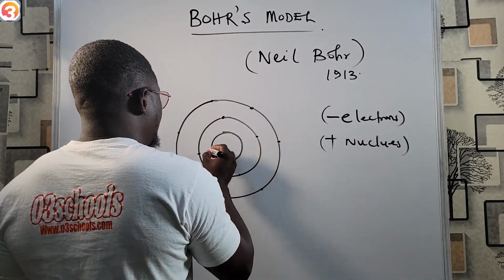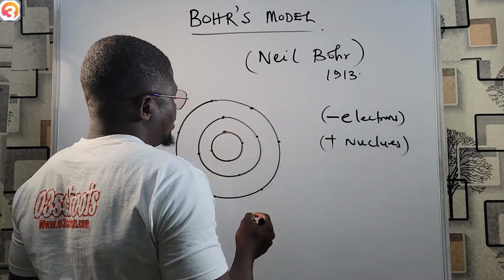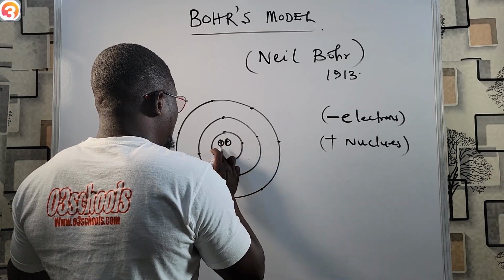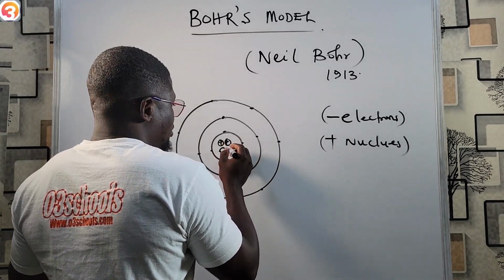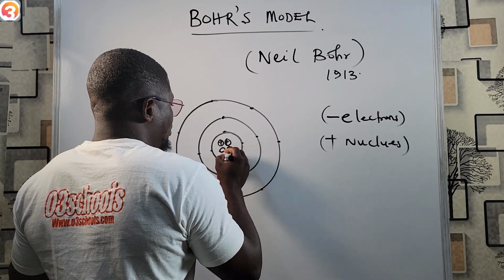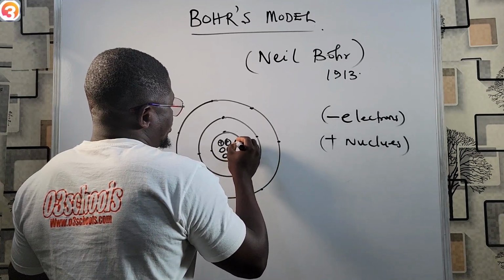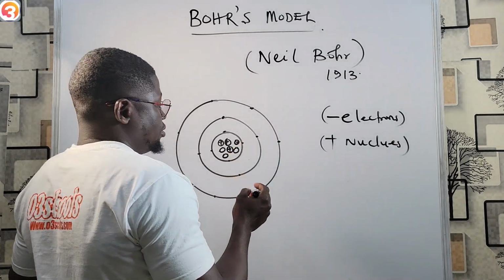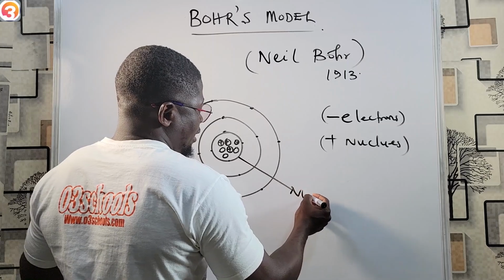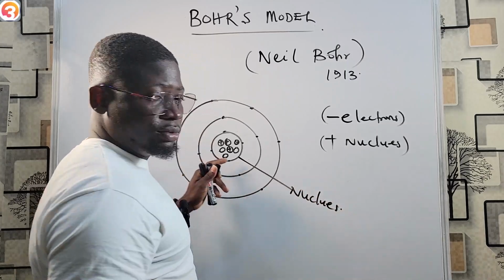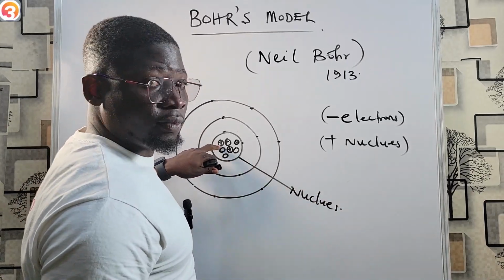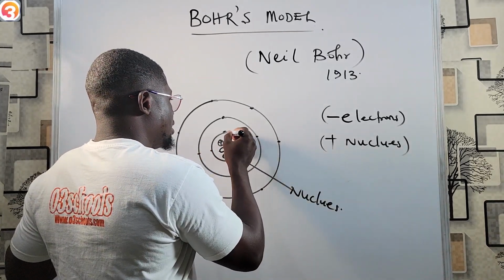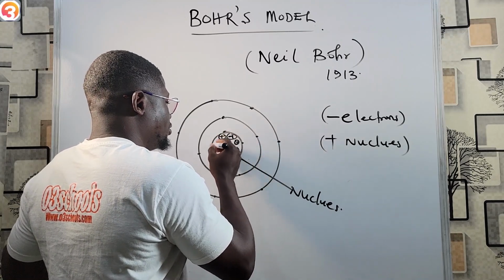Then in this nucleus, you're having neutrons, and you're having protons. So this is the nucleus of an atom, because it has both the protons, positively charged, and the neutrons, that have no charge. Just understand it's a small representation.